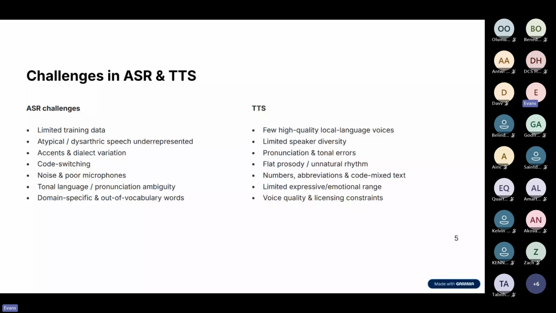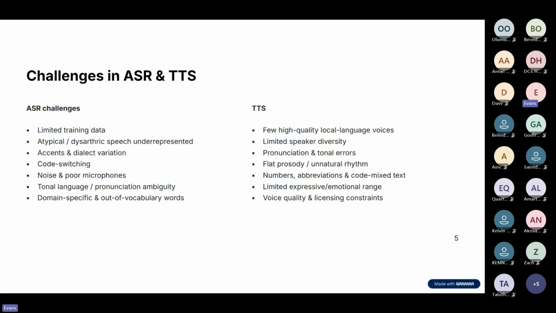And also accent and dialect variation, right? So you may train your model for Asante Twi and someone will speak Akuapem Twi and your model will be confused. It's normal. It's not something you should take to heart, right? And then code switching too is a problem.